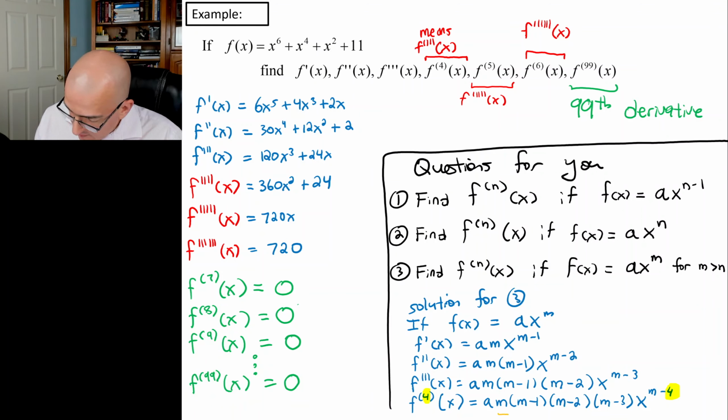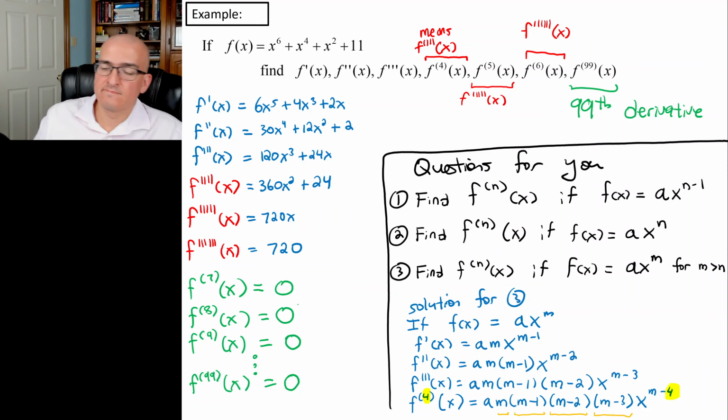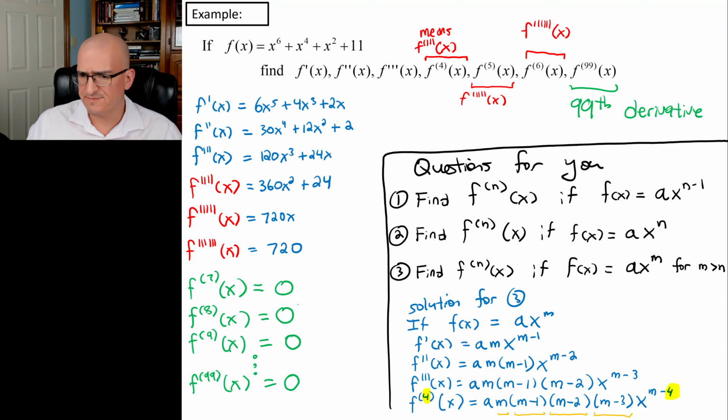So here you have 1, 2, 3, 4 pieces. If you went up to number 6, you'd have a times n, n minus 1, n minus 2, n minus 3, n minus 4, n minus 5, to the power of n minus 6.